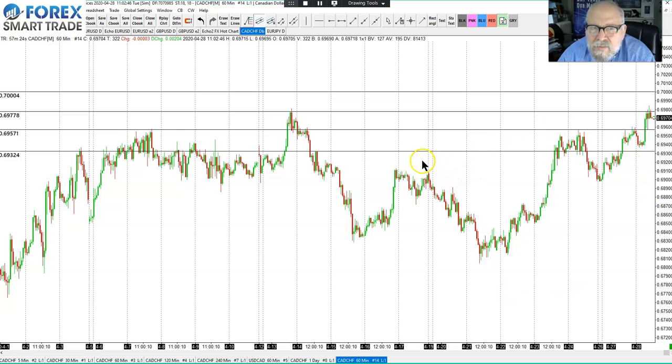I'm going to go for less pips than I might normally go for. Then I want to know how much room I have till I hit this line. I've got about 13 pips and about 7 pips up there.